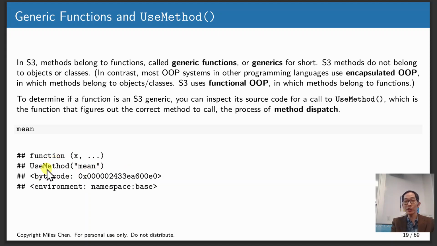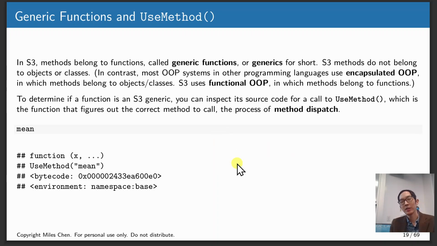The function mean is just one line. It says it's a function, these are the arguments coming in, and then it uses one line of code: UseMethod, mean. Anytime you see UseMethod, that means it's a generic function.